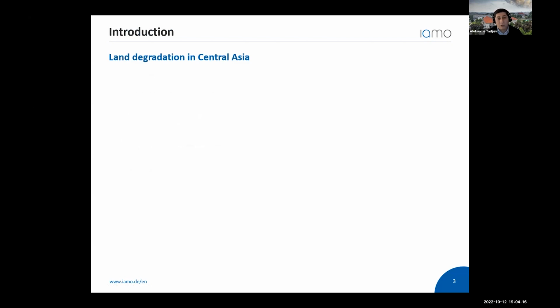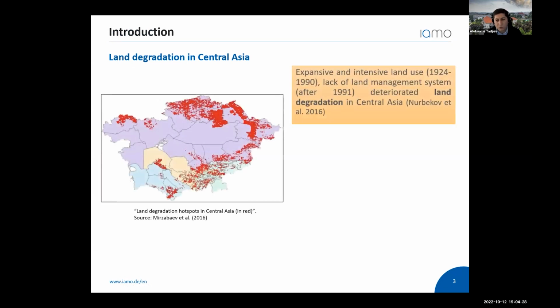In developing countries, including in Central Asian countries, increasing land and water productivity is one of the main issues. Especially during the Soviet Union time and after the collapse of the Soviet Union, inefficient use of land resources and the lack of a land management system led to land degradation in Central Asia.